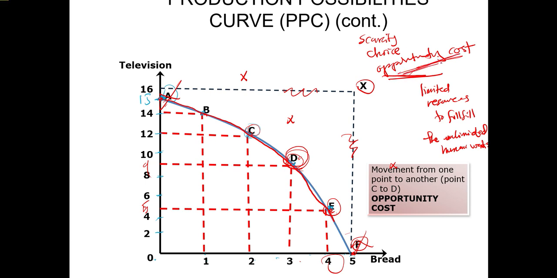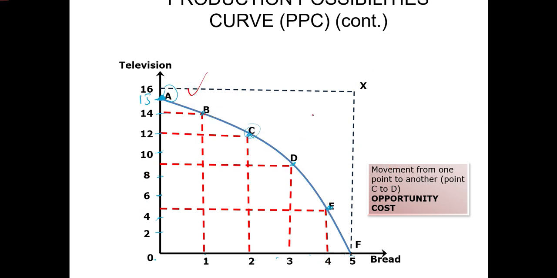Opportunity cost is the cost that we have to give up, the foregone cost. If you choose to produce at D, what will you forgo? You will forgo C, B, A, E and also F because you choose this one.